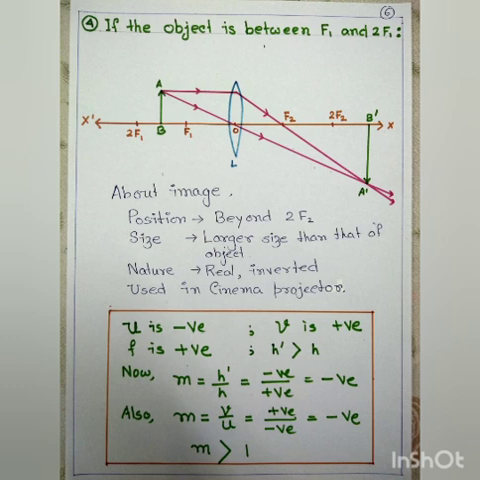So these two refracted rays after refraction will intersect each other at the point A prime. So here beyond 2F2 the image will form. The image is here, A prime B prime.